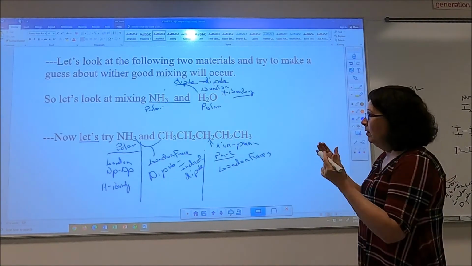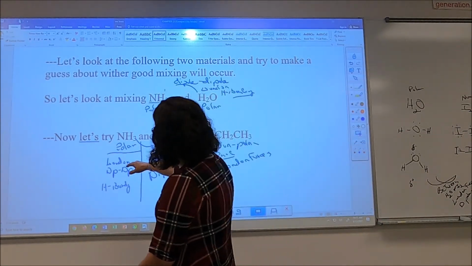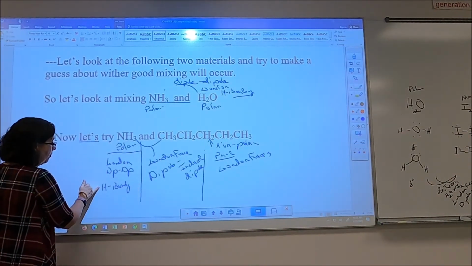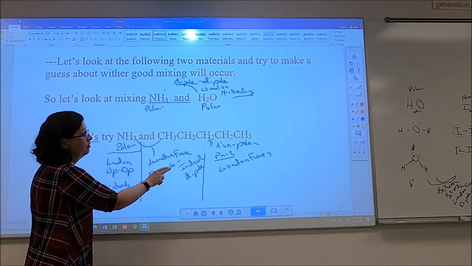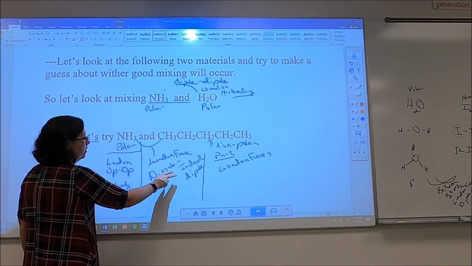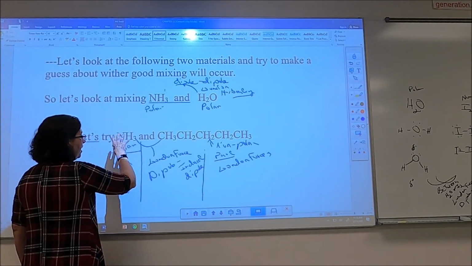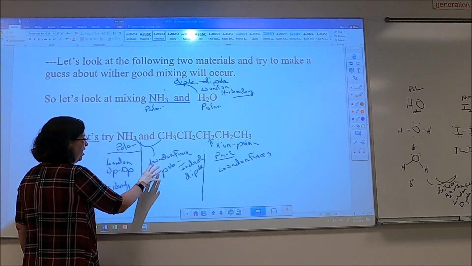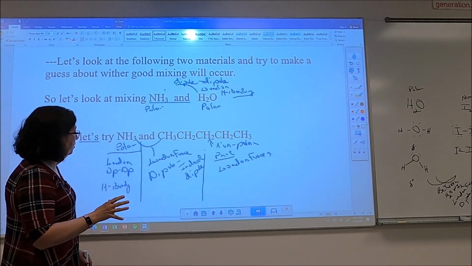Now, if we look at this, ammonia has a strong dipole-dipole, it has strong hydrogen bonding, it's got the London. This only has London. Going to a dipole-induced dipole and a London force might improve the situation with this guy, but for ammonia, it's giving up some very strong interactions for weak interactions.